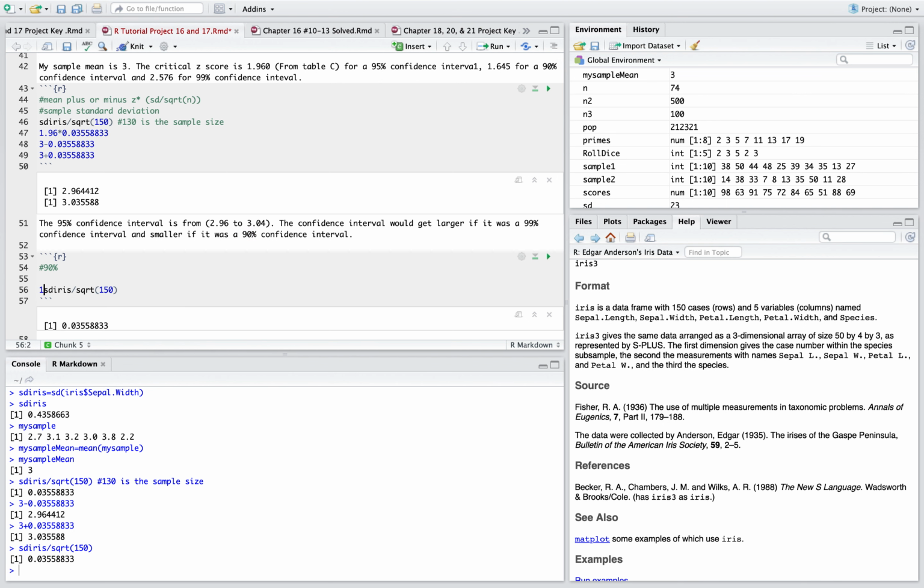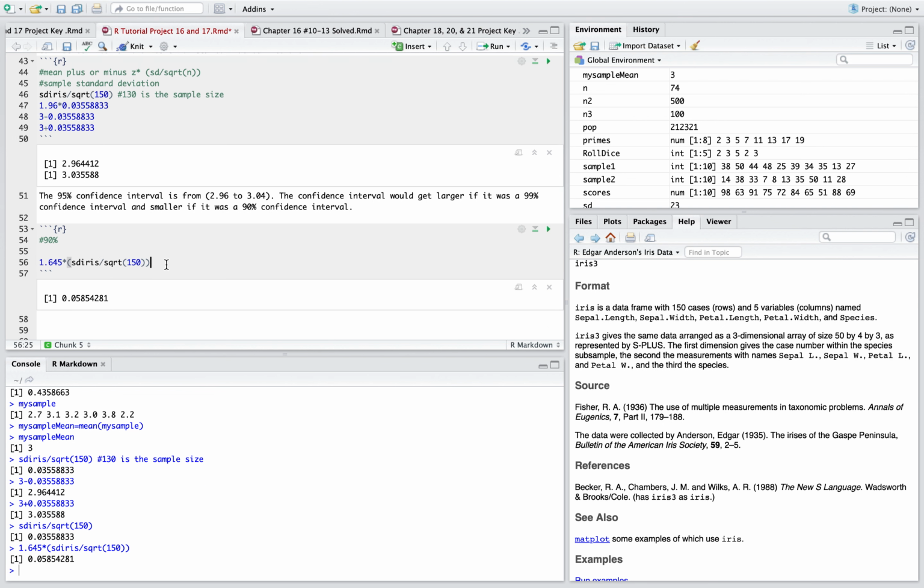So I'm going to take 1.645 times that. Well, this will be the margin of error. So this right here, this is the margin of error. And what I'm going to do is take my mean and add the margin of error and subtract the margin of error, and that's going to give me my confidence interval.